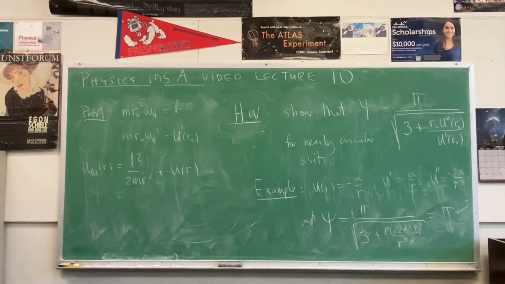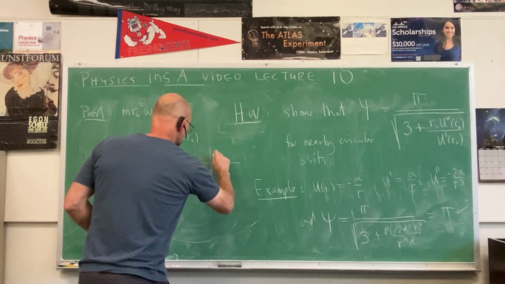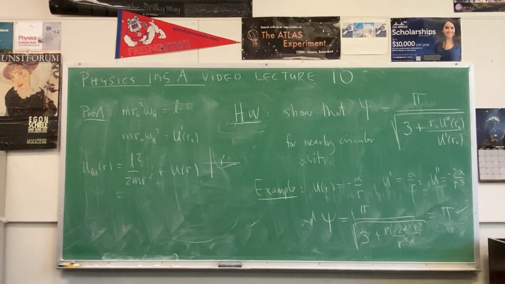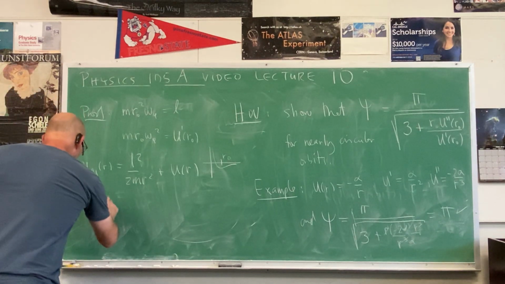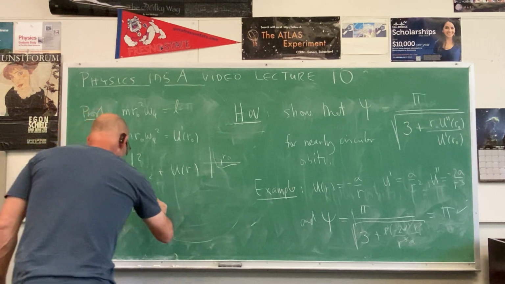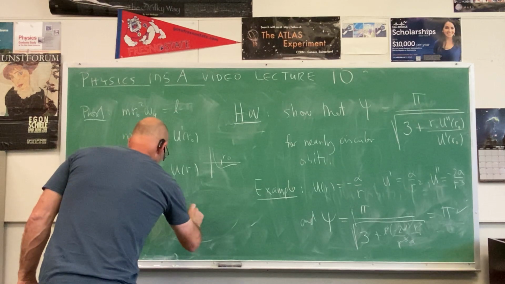So what you do is the following. Remember, you're looking to put our generic picture here. Okay. And here that r sub 0. What you do is you find r0, right, such that u effective prime of r0 is equal to 0.